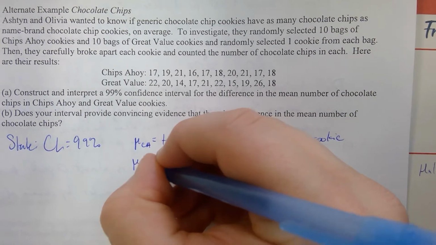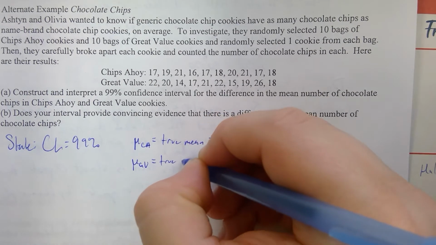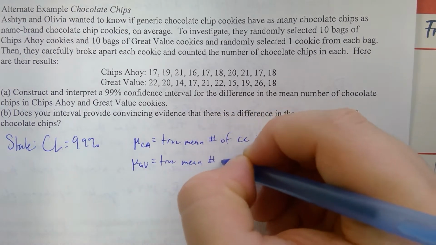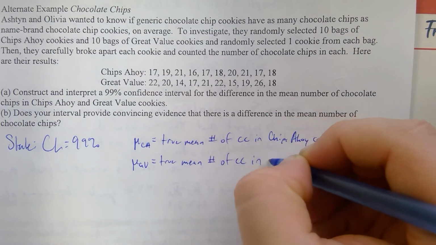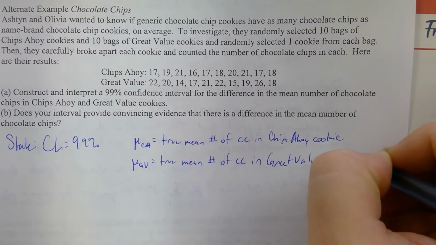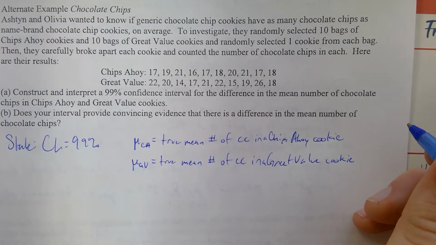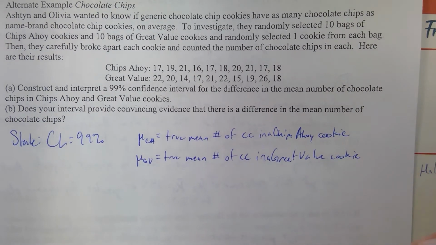We have mu GV, you could probably just say mu G, which is the true mean number of chocolate chips in a Great Value cookie.